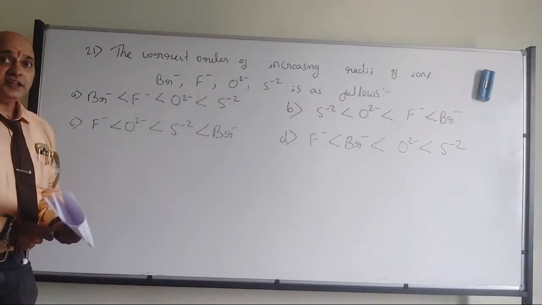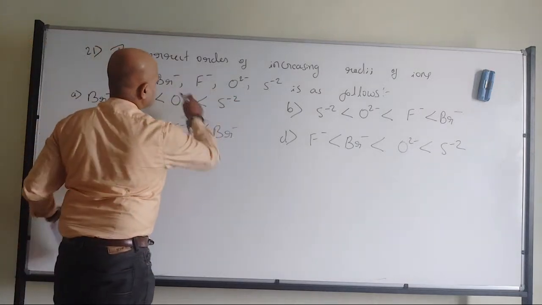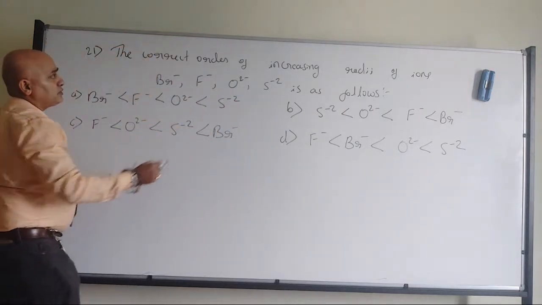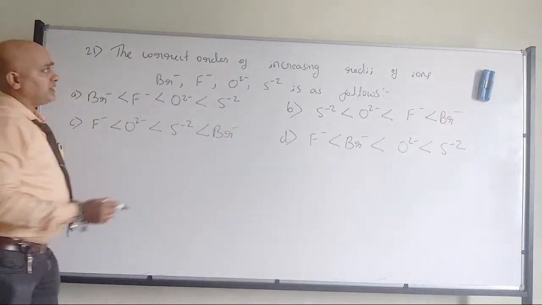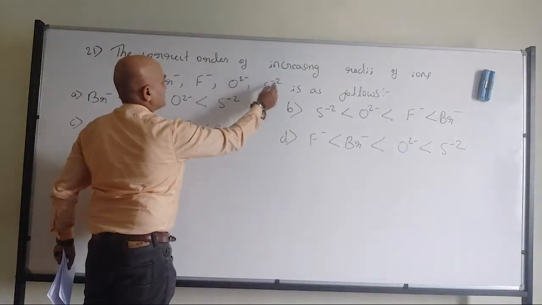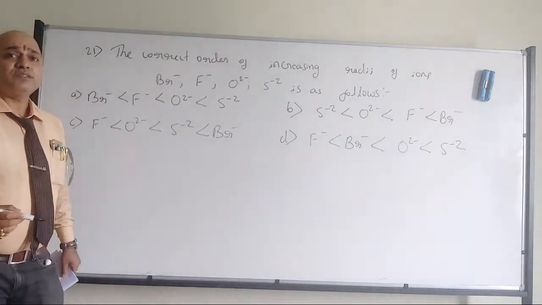We will see. Now, when I am talking about these species, we have two negatively charged ions, meaning a two minus charge. That is oxide and sulfide.